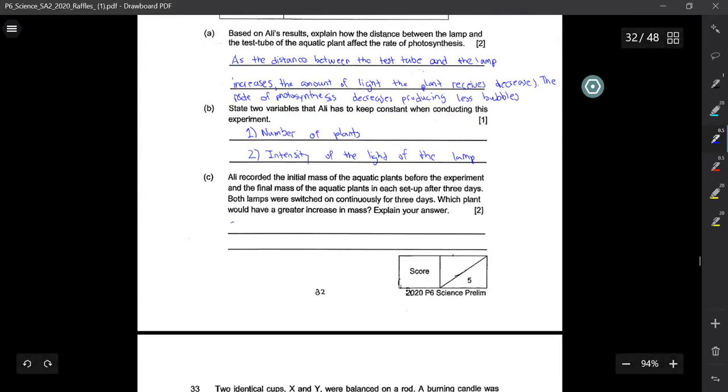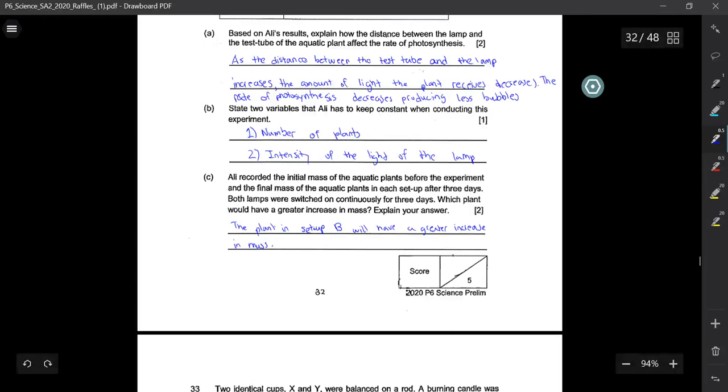So the plant in setup B will have a greater increase in mass.